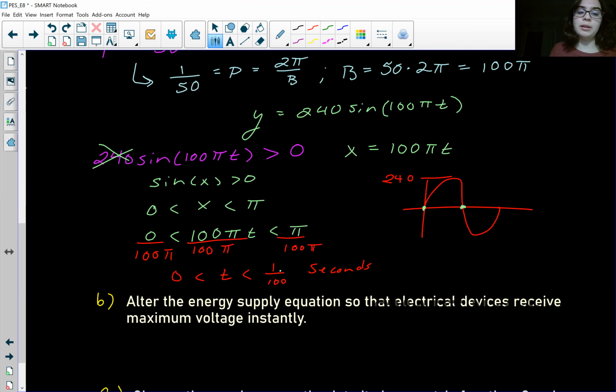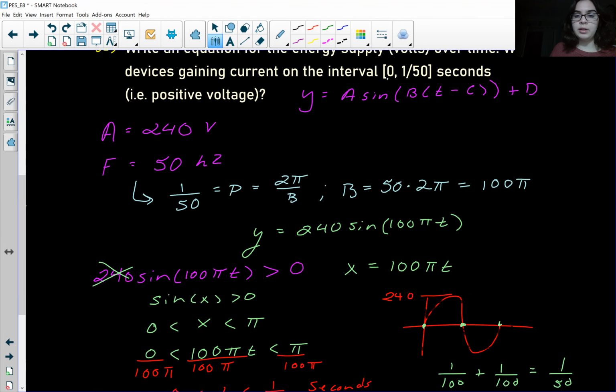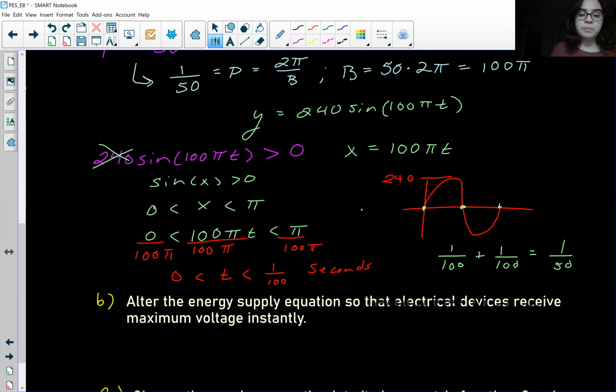And we can figure that we're going to add another 1 over 100 seconds to get that negative half. If we do 1 over 100 plus 1 over 100, we get 1 over 50. And that was the interval we were given. So this is going to be our interval for positive voltage.